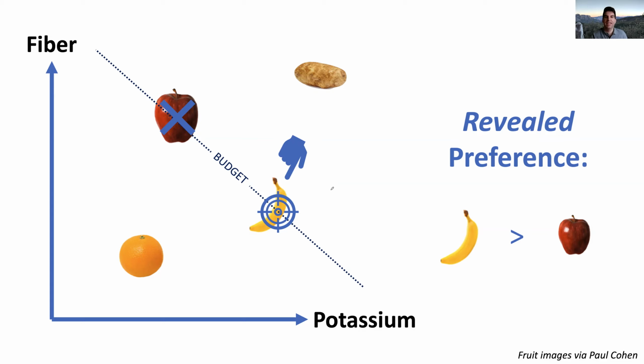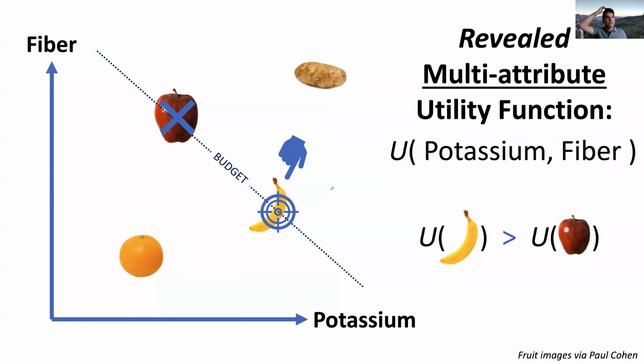And based on that, then I'm going to see, of things that are the same price, which things are you choosing? And that is your revealed preference. And what revealed preference does for us is it allows us to build multi-attribute utility functions. So we could ask a physiologist about potassium. We could say, model the human body and tell me how potassium relates to health outcomes.